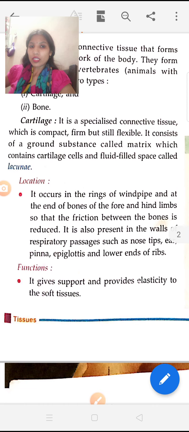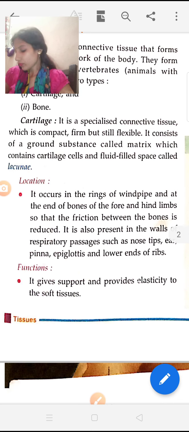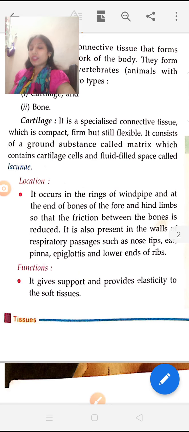Cartilage, here you can see, is a specialized connective tissue which is compact but still flexible. It consists of a ground substance called matrix which contains cartilaginous cells and fluid filled spaces called the lacuna. The matrix of the cartilage is rubber like, a rubbery structure in which the cartilaginous cells are present.